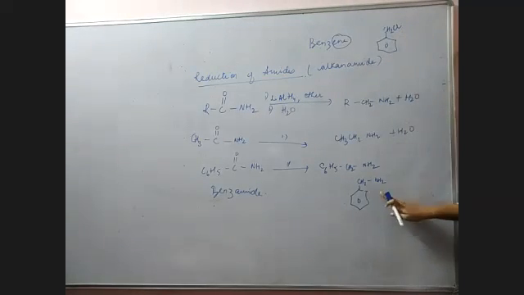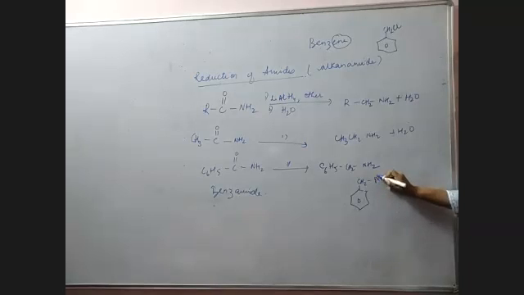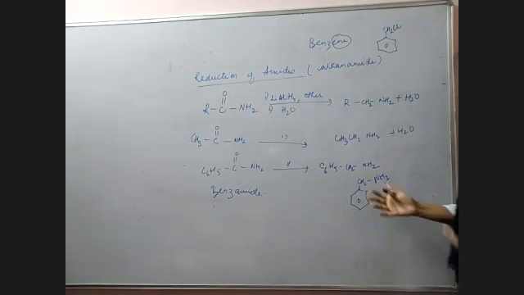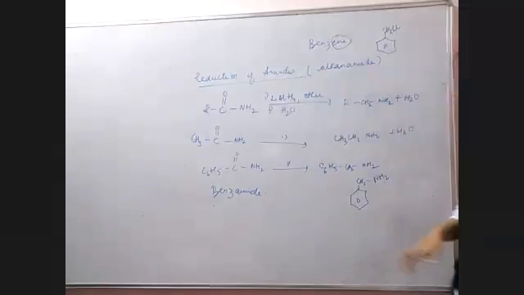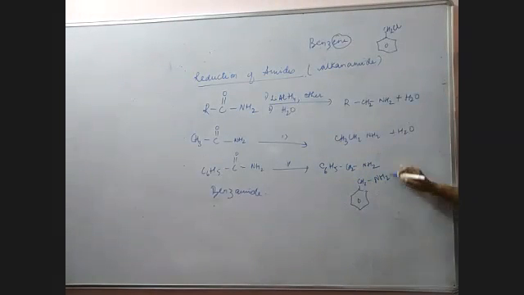So this will become benzylamine. This is benzyl chloride, this is benzylamine. If I write OH here, it will become benzyl alcohol. The common name is better than the IUPAC, so we will write benzylamine.